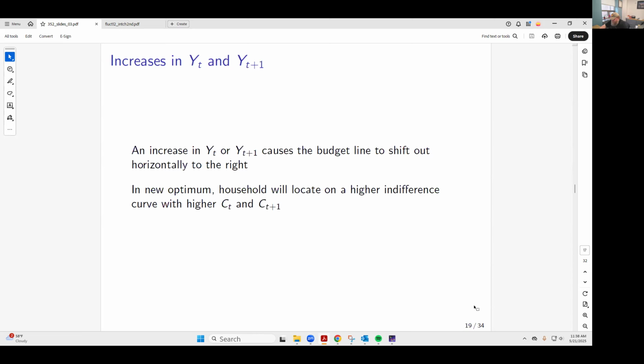All right, so increases in income are pretty straightforward. If you go back to the general budget constraint setup, an increase in income just looks like a parallel shift to the right. So if we're talking about IBCs, let's say this is IBC 0 and then IBC 1, and the idea is that income is greater than it was before.